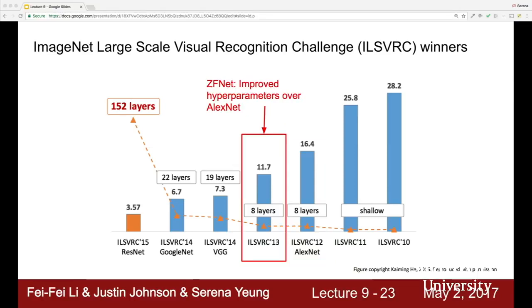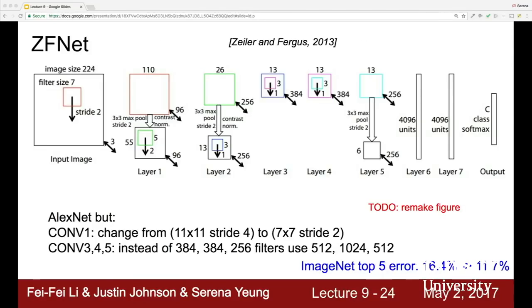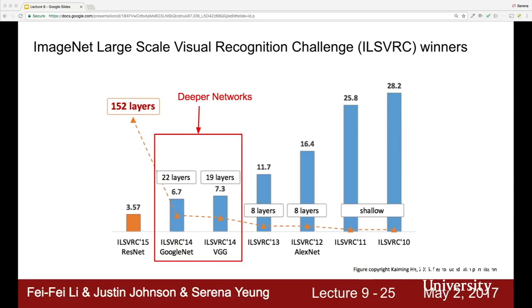Okay, so in 2013, the challenge was won by ZFNet, Zeiler-Fergus-Net, named after the creators. This mostly improved hyperparameters over AlexNet. It had the same number of layers and same general structure, and they made a few changes, like changing the stride size and using different numbers of filters. After playing around with these hyperparameters more, they were able to improve the error rate, but it's still basically the same idea.